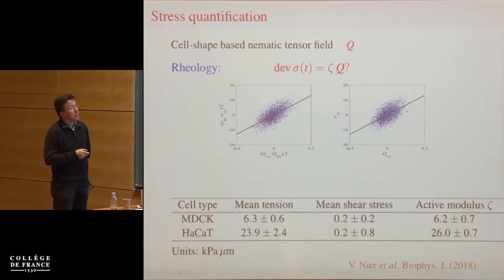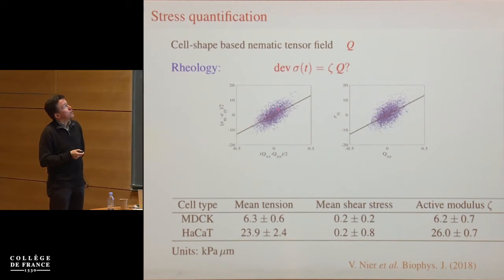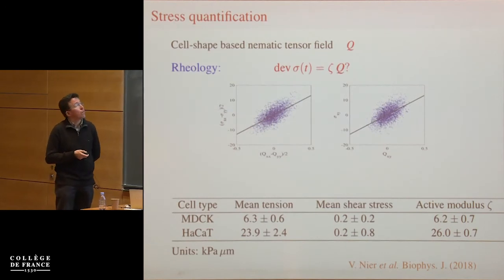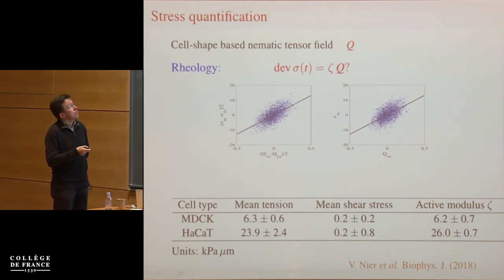And we can start to think about using these stress measurements in order to investigate the rheology of the tissue. What was measured in parallel with traction forces is what I called here a cell-shape-based nematic tensor field Q, which is nothing but the elongation tensor that Jean-François discussed before. What you see on these two graphs is a representation of the anisotropic stress components as a function of the corresponding component of Q for the two components of these two tensors.